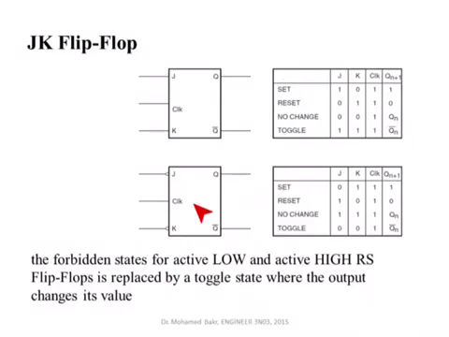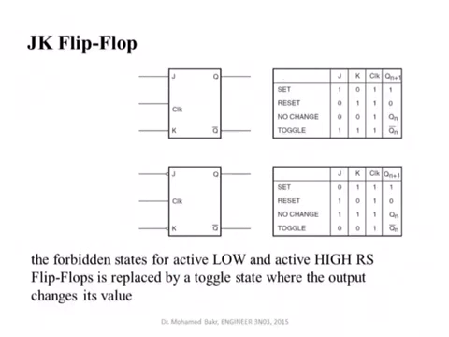The same thing is happening for an active low. Active low means if you want to set the flip-flop, put J equal to 0 and K equal to 1, then this will create for you 1 and 0 at the output. If you want to reset it, put J equal to 1 and K equal to 0, so this is reset. This will create 0 and 1 at the output.